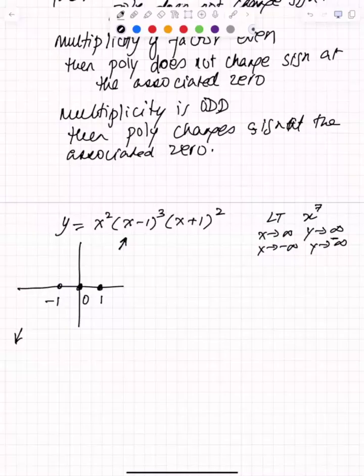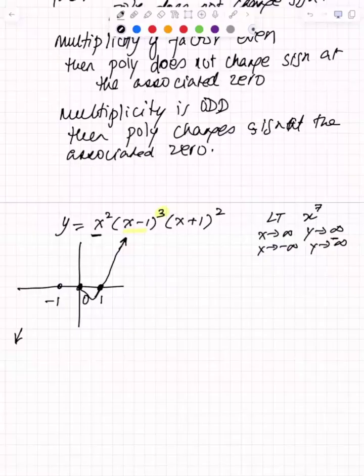We come from positive infinity and hit 1. Look at the factor associated with 1, which was what? x minus 1. The power of that is cubed, so we change sign. Positive, we become negative. Come back to 0. The factor associated with 0 is x squared.